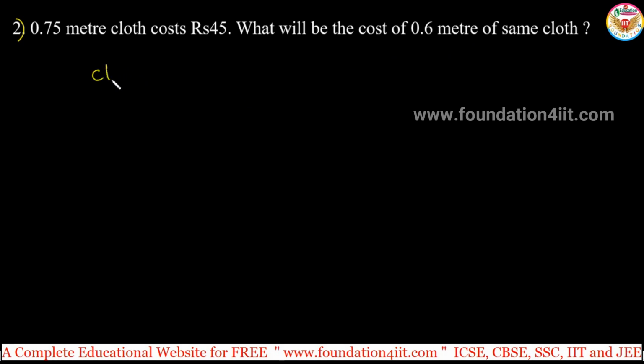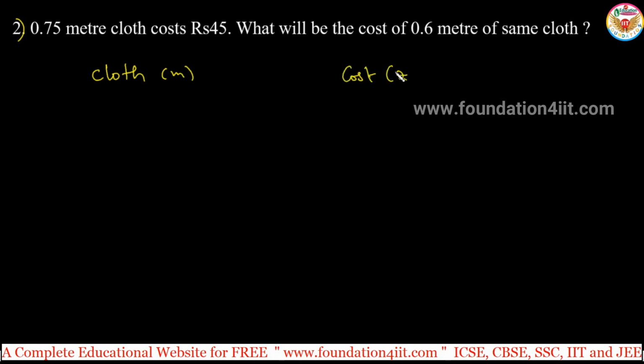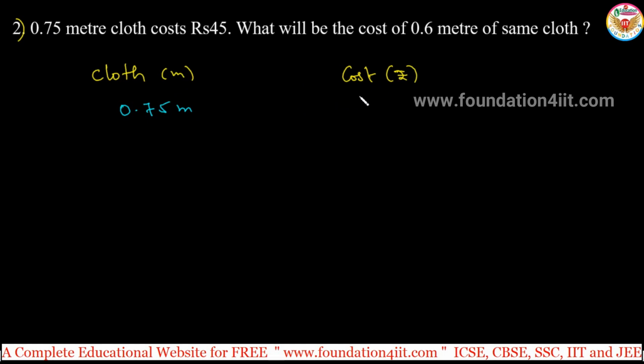So two quantities, right? You can take this. One is the cloth in meters and one more is the cost in rupees. Here is the first one, 0.75 meter. Cost is rupees 45. What will be the cost of 0.6 meters?